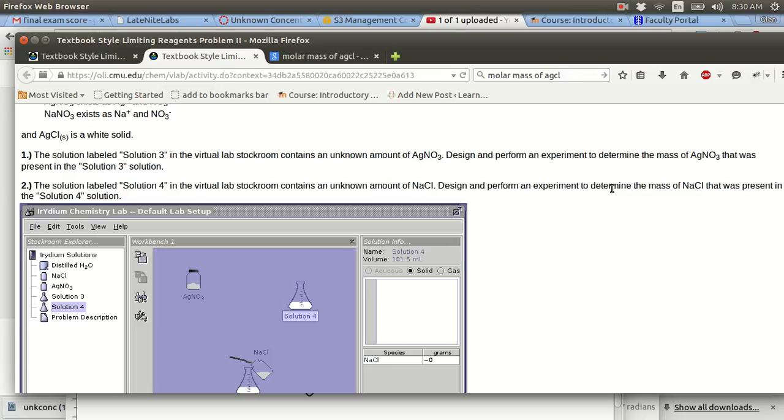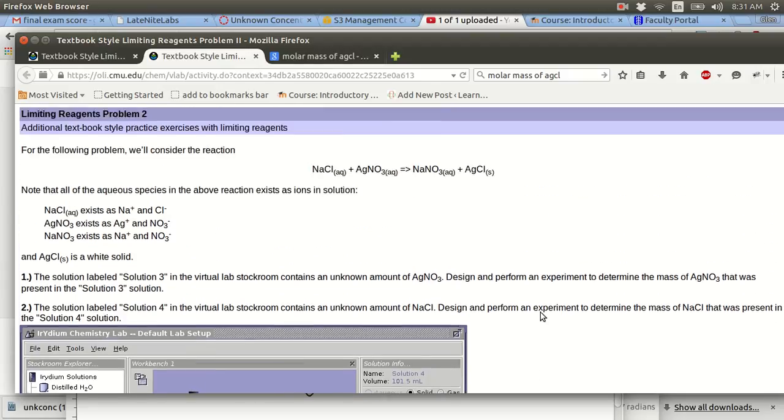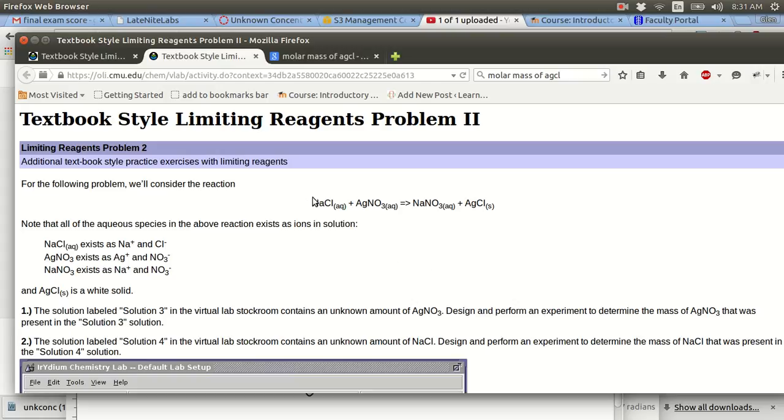You need to find how much NaCl was here, and I will let you figure out how to do that. How are you going to do that? I'll give you a hint. You could use this chemical equation.